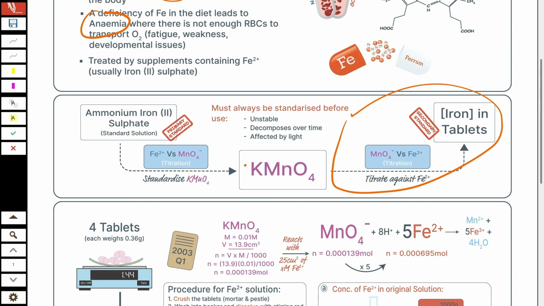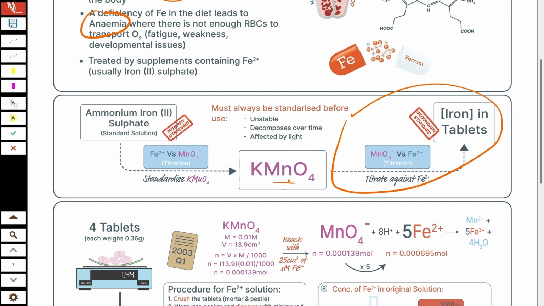If you made it up the previous day or a few days previously and standardized it then, the concentration is probably not the same a few days later because it's decomposing over time, or if it's been exposed to light, the concentration is likely to be less. So it's often asked why it must be standardized right before the titration, and that's the reason.